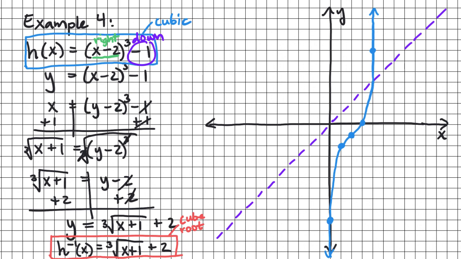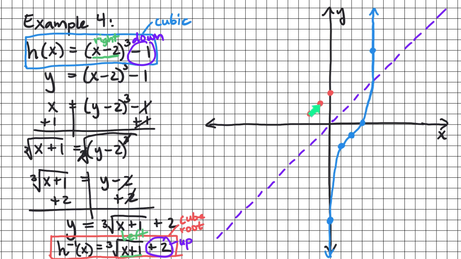All right, and then looking at the inverse down here, the plus 1 tells me to go to the left, and the plus 2 is outside, so that tells me to go up. So if I go to the left 1 and up 2, I'll end up right there. So this is my central point. The cubic, if you remember, has these extra points on the side here. It goes 1 up and 1 down.